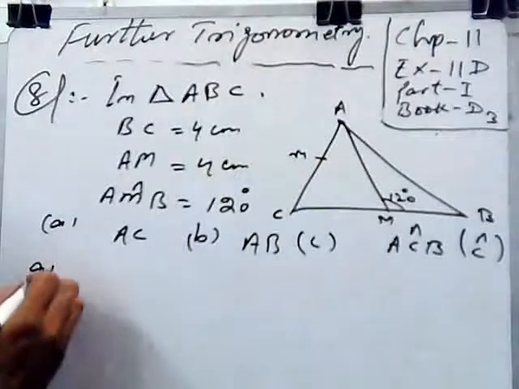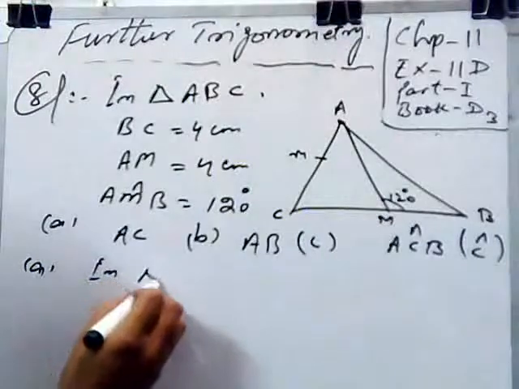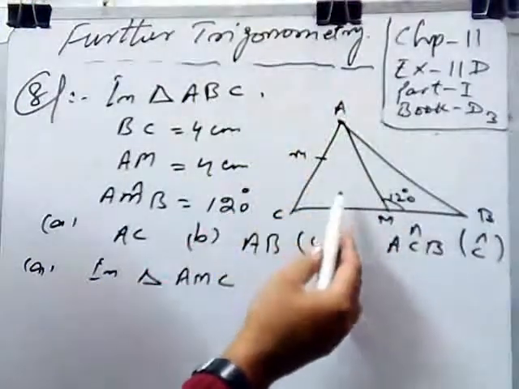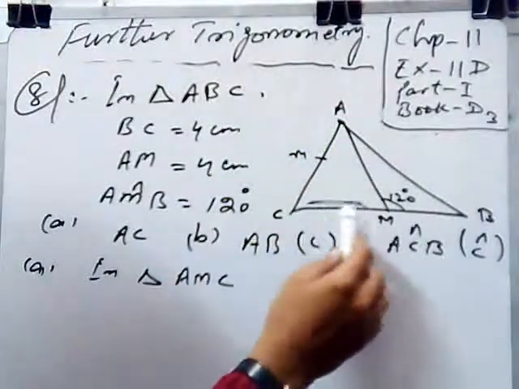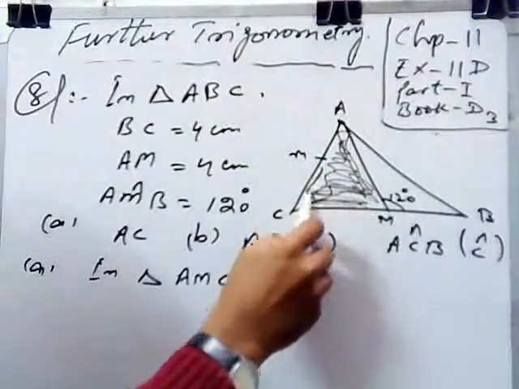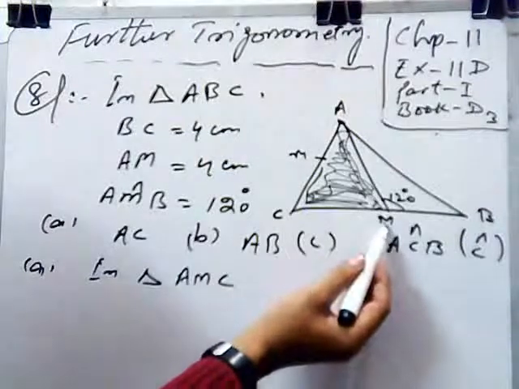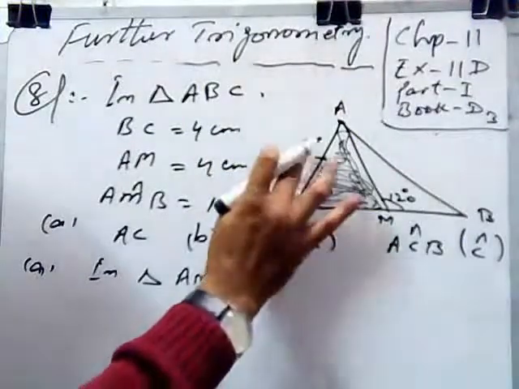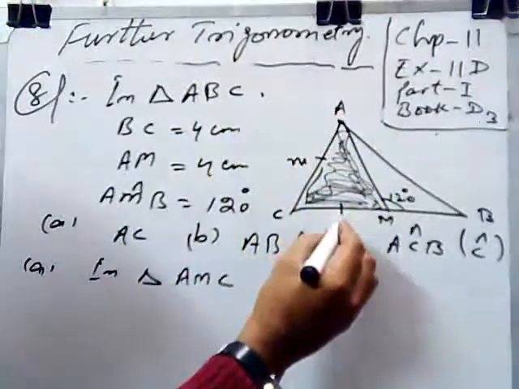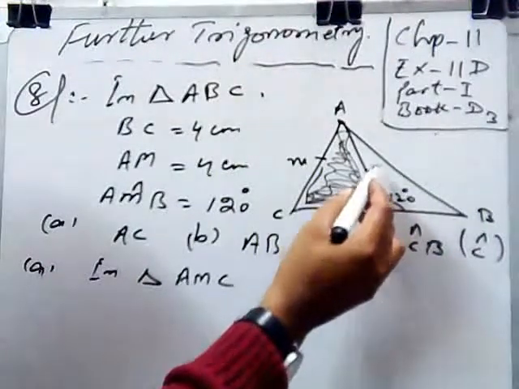So in part A we have to calculate AC. Consider triangle AMC, we have taken only this triangle. Now it should be remembered that the side opposite a capital letter angle is represented by the smaller letter: capital A is represented by small a, and C by small c.